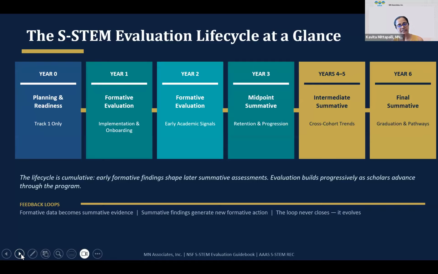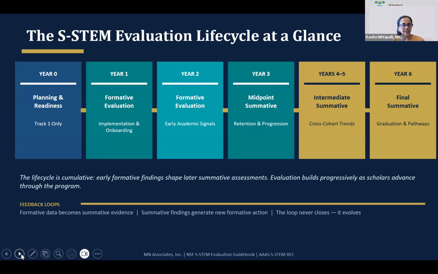So the formative data, which is collected early, also becomes the foundation for the later summative conclusions because everything is feeding sequentially into the next phase of your project and the next phase of your evaluation. And the summative findings also do not close the loop. They kind of reopen it because they're telling the story in a continuous fashion.